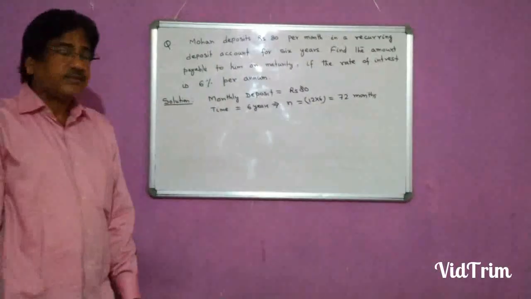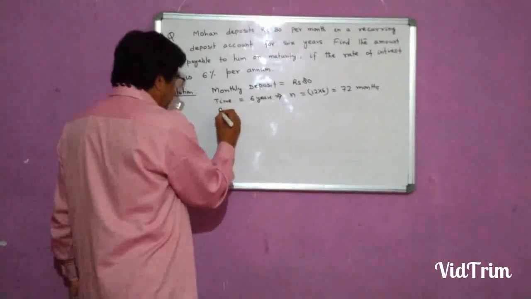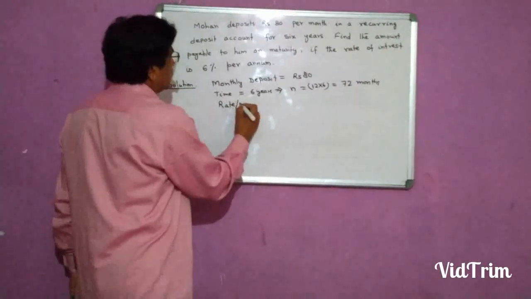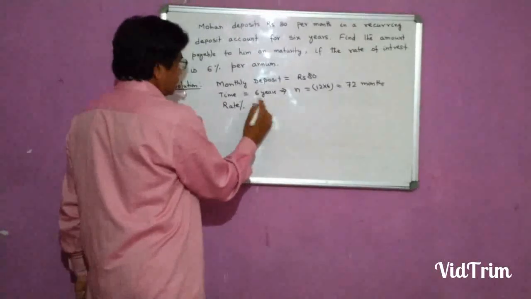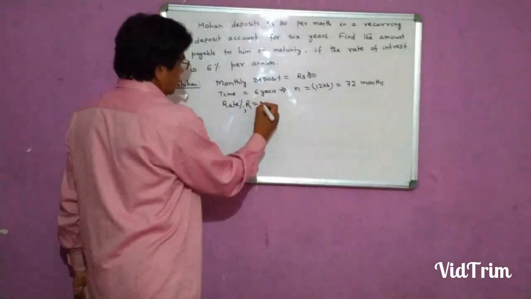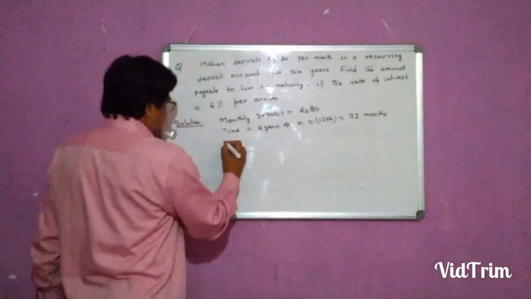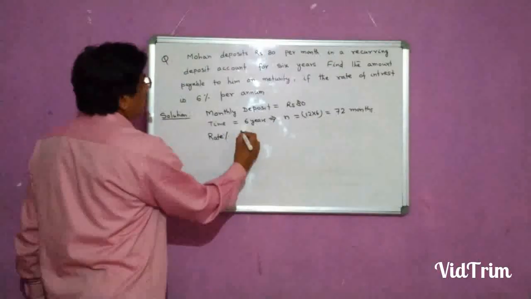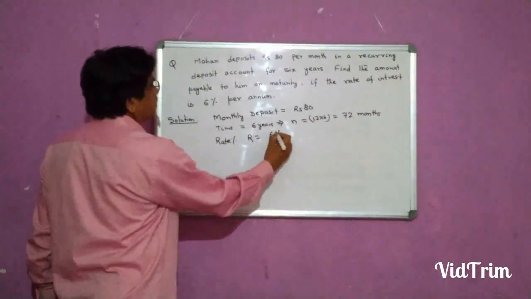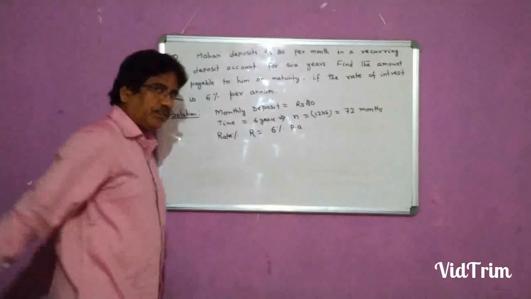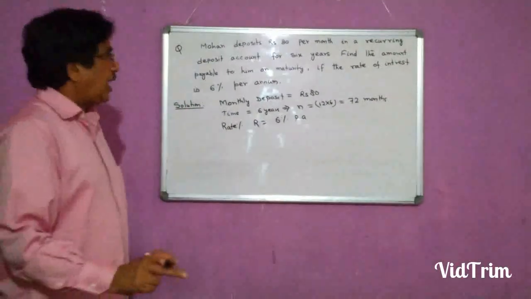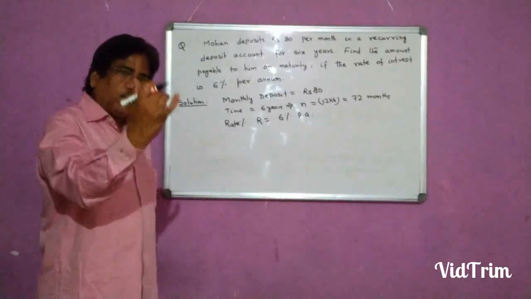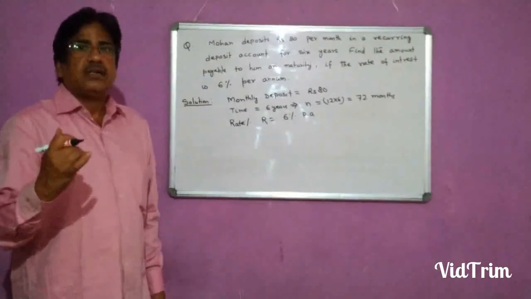And then the rate percent is given as R equals 6% per annum. So these things are known to us, and in the question they have asked you to find out the maturity amount. So we'll proceed in 4 steps to reach the answer.